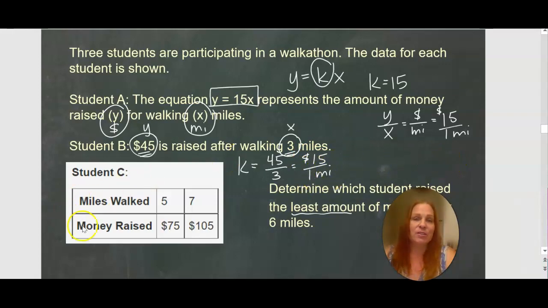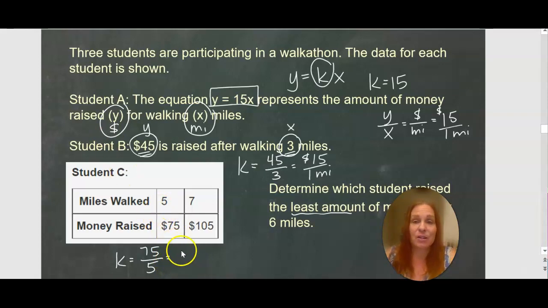All right, let's look at student C. For student C, I can pick either point. I'm going to pick the smaller one. So for student C, the constant of proportionality, again, is going to be money raised divided by miles, because it's y divided by x. And I get, I believe that's 15 again. Let's see.